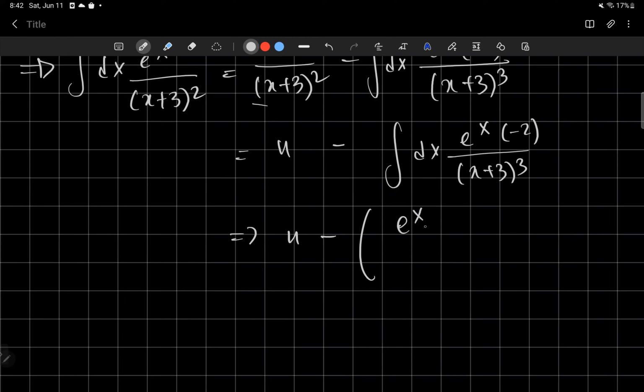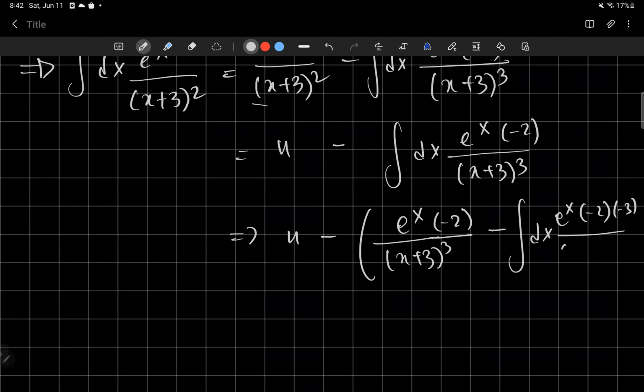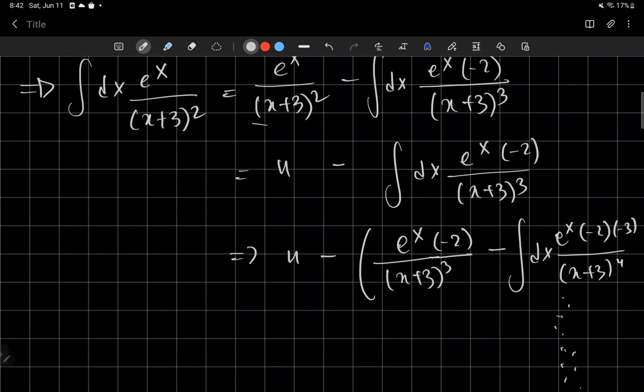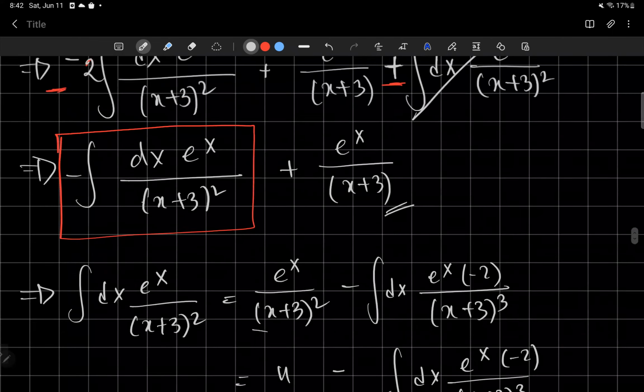You'll have e of x, x plus 3 whole cube, -2, and then a minus sign, dx e of x -2. But now you'll have another -3, and in the denominator, you'll have a power 4. You can easily recognize that this integration will never get exhausted. So this is the most simple form that you can keep for this type of integrals.